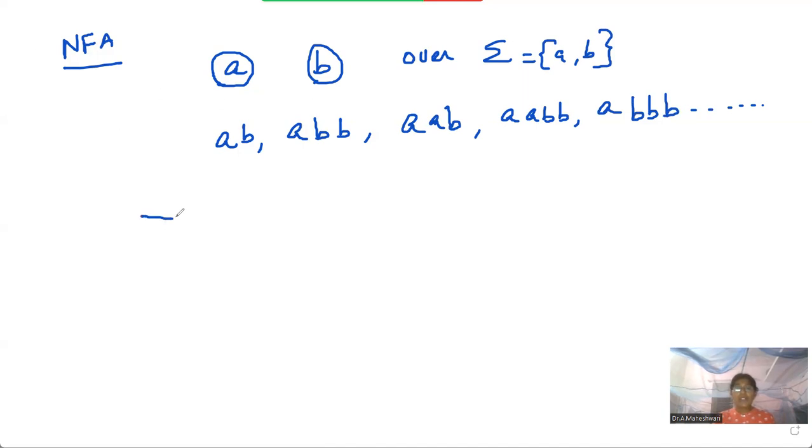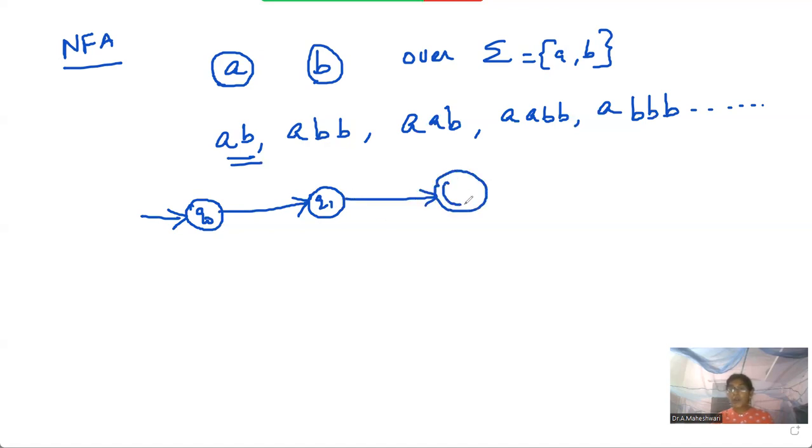So I'll start with the base initially. Two input symbols, so I'll take three states, with Q1. And I'm going to consider this as a final state. So this is A, this is B. In between, maybe an A symbol is there or a B symbol is there, right?